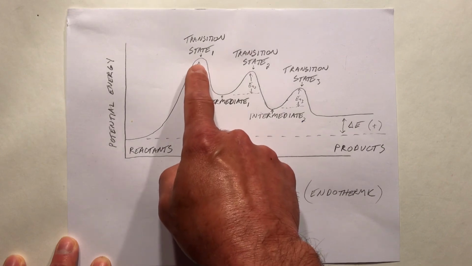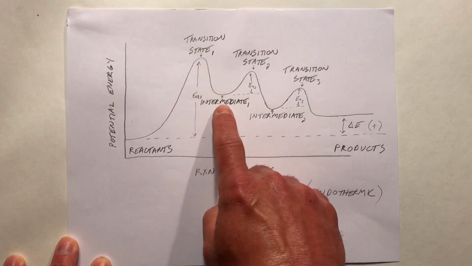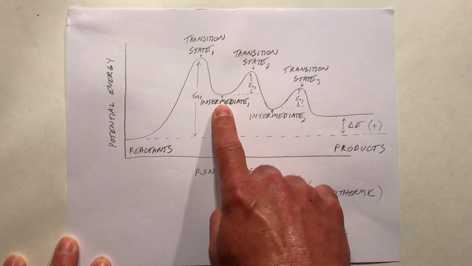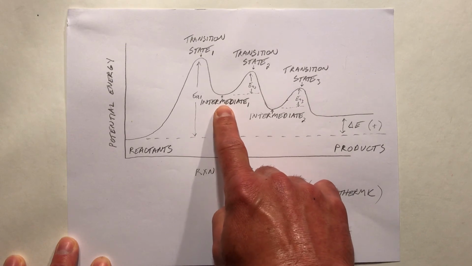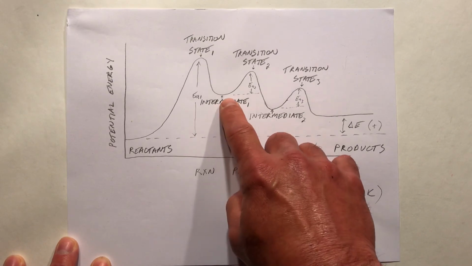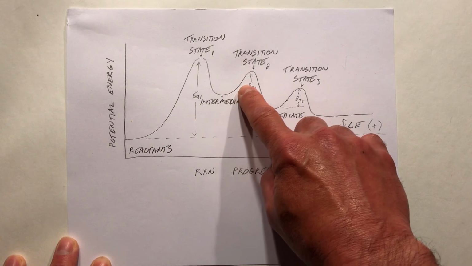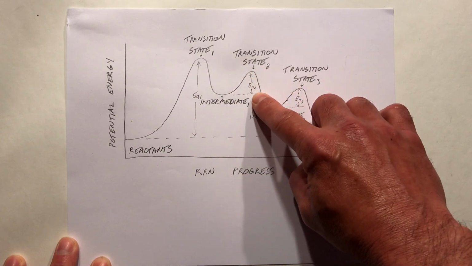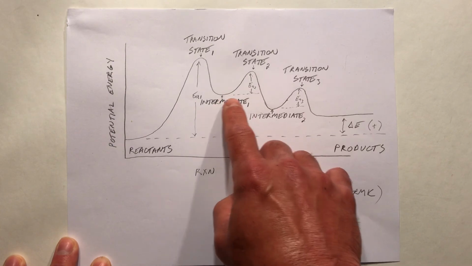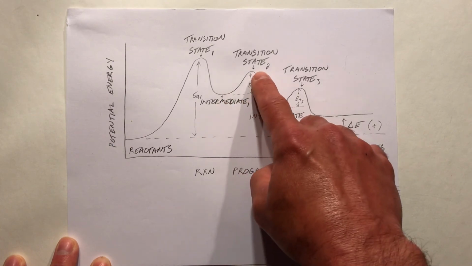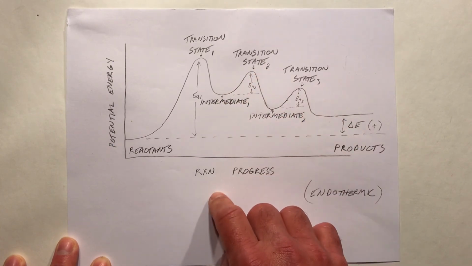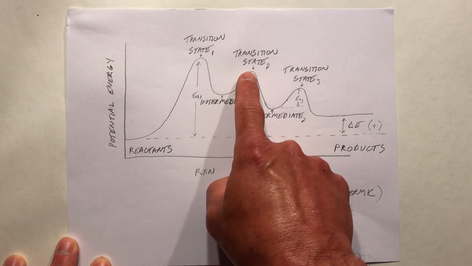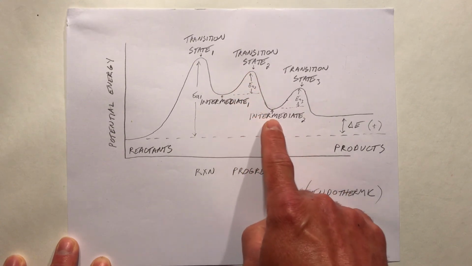Let's say that this reaction has an intermediate. It does form a molecule, but this molecule itself continues to react. So some of the bonds from this molecule get broken as the reaction progresses again. Now we'd have a second activation energy between what's called this intermediate and this second transition state. And let's say that it forms another intermediate chemical.